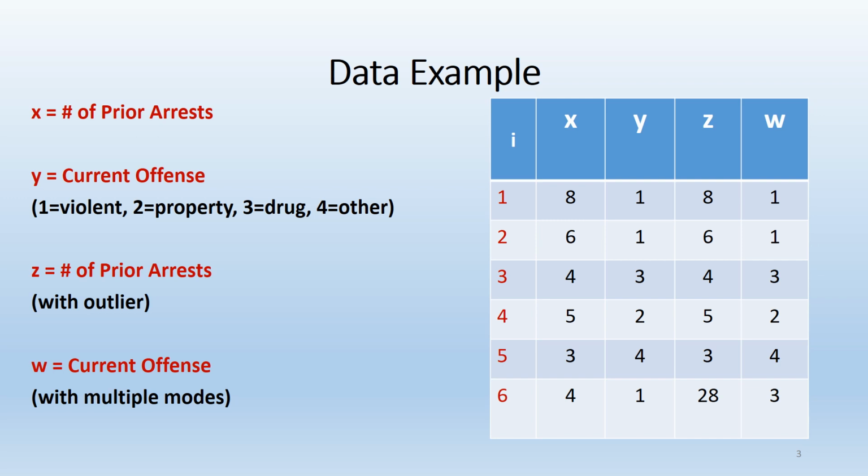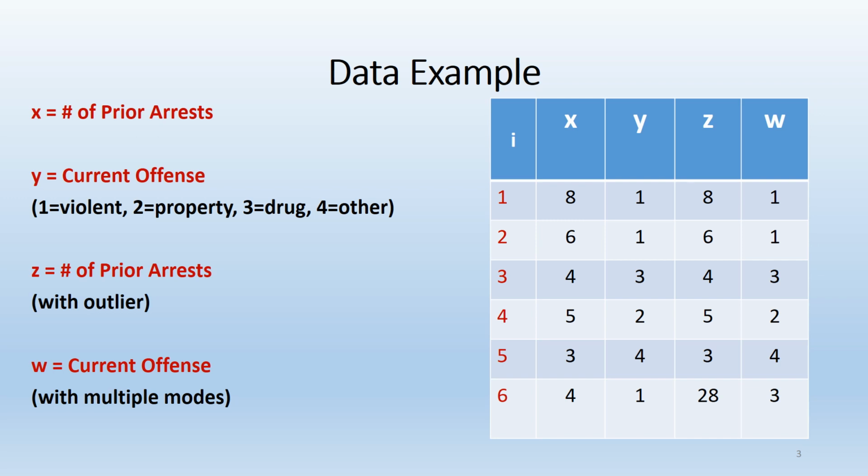So variable z, if you look at it, cases 1 through 5 look exactly like variable x. The only thing introduced to variable z is what we refer to as an outlier or an extreme value. Remember from the previous slide that an outlier or extreme value is when you have a case or a small number of cases that are very different from the remainder of the cases.